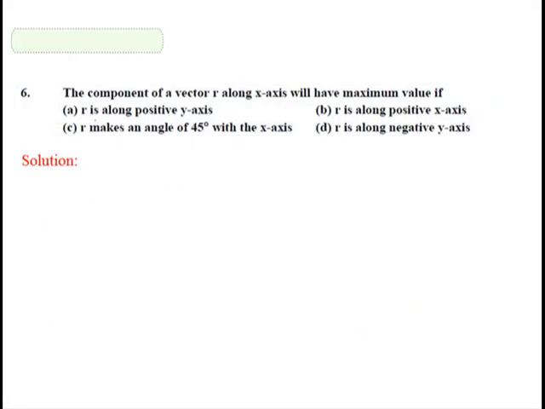Sixth question. The component of a vector r along the x axis will have maximum value if r is along positive y axis. Let's check what happens if r is along positive y axis. If it is along positive y axis, like this.